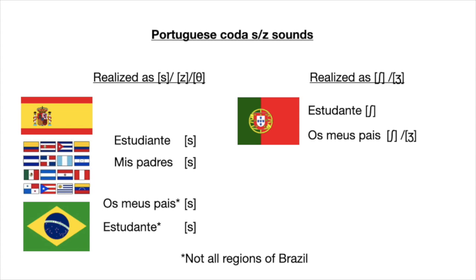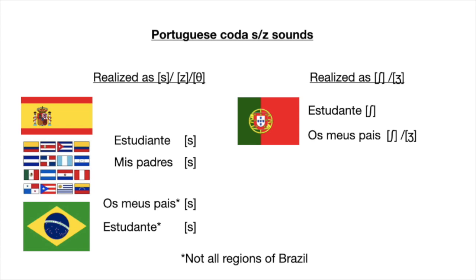So we can see that that sh sound exists in Portugal, European Portuguese, but not in most regions of Brazil and not in Spanish. We can look at another example if we have an expression like my parents. In Spanish, I would say mis padres. In Brazilian Portuguese, in most regions, I would say os meus pais.